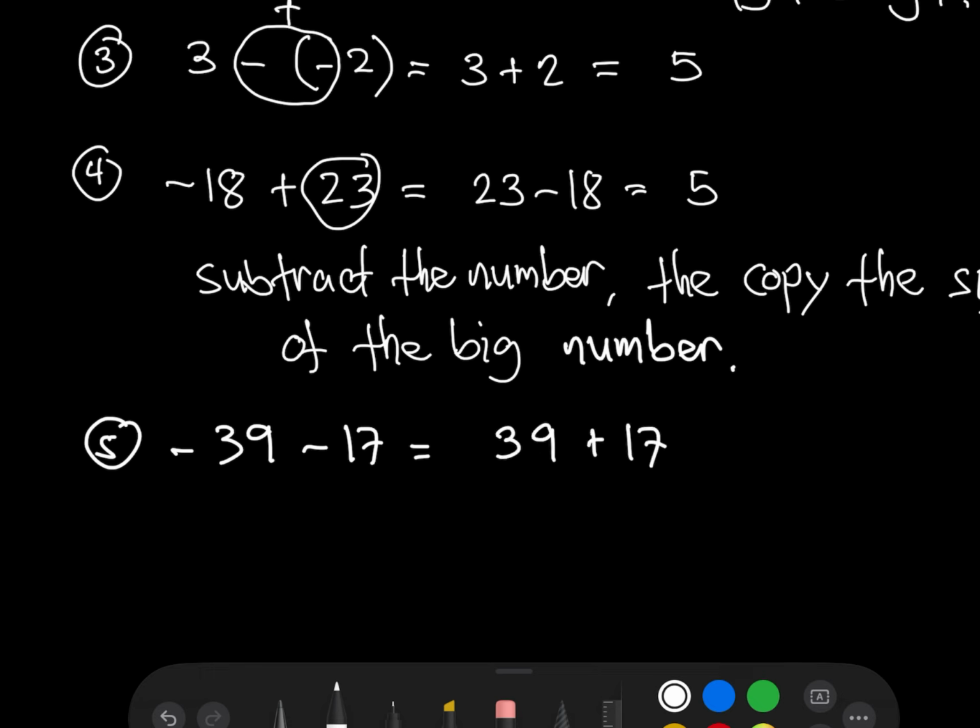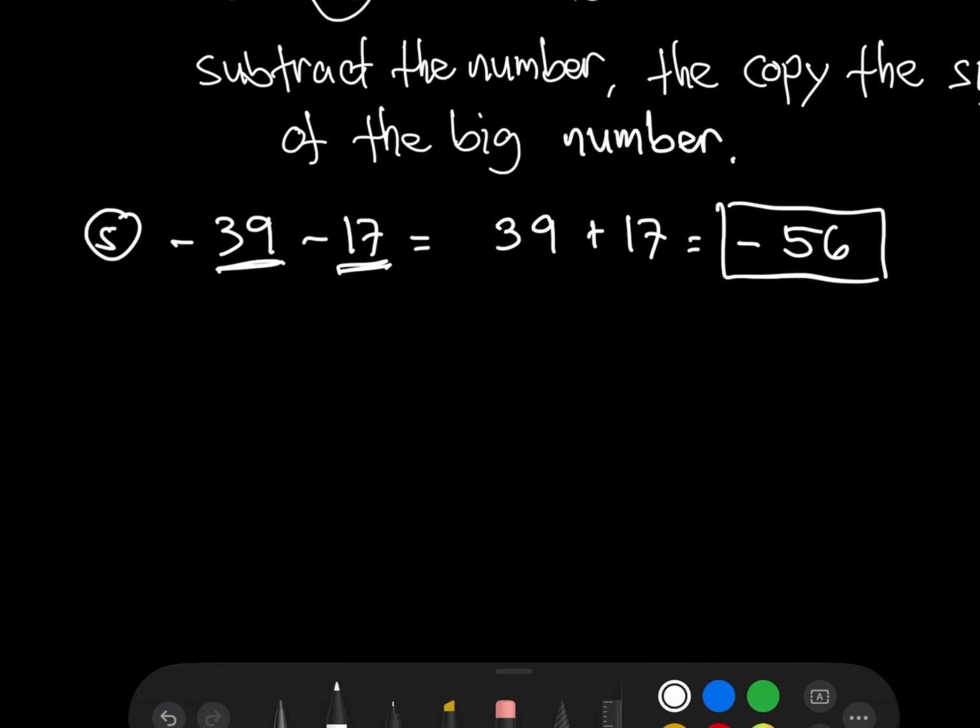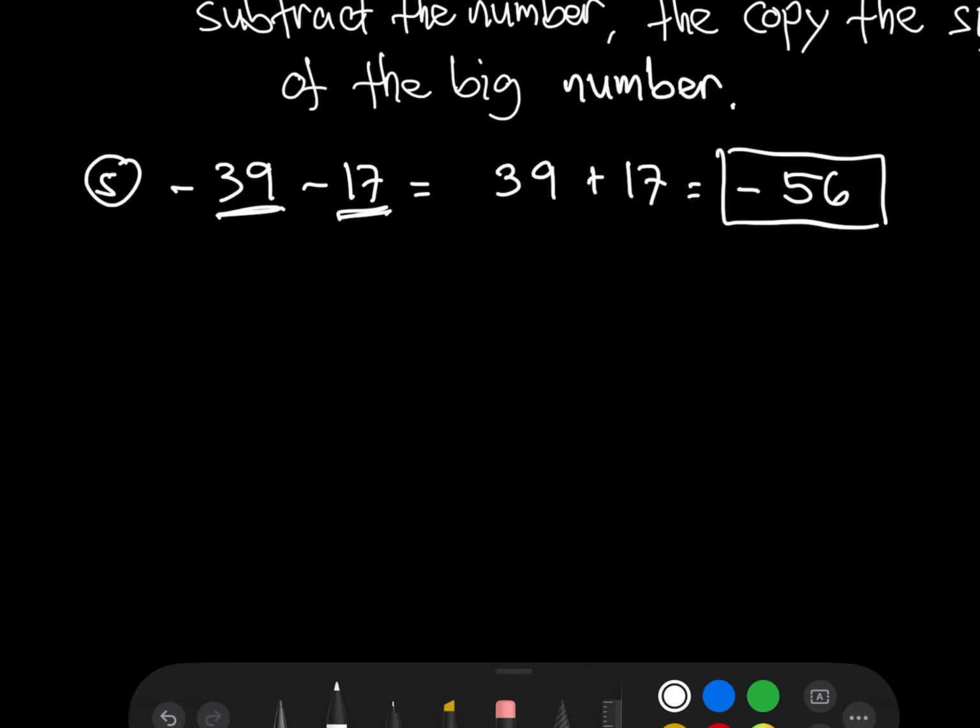That is 56. Then copy the sign, which is negative. And the answer is negative 56.